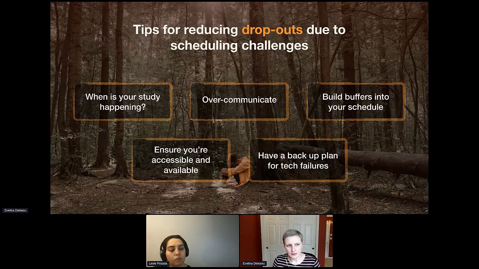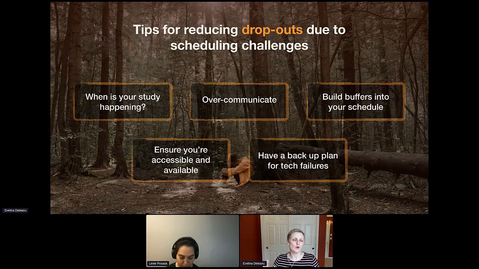So a couple of things to consider. First is the time of when your study is actually happening. Some of us have a 9-to-5 job, and this is when we do a lot of our work. But the people that you may want to recruit and engage in your research study may also be working a 9-to-5 job.